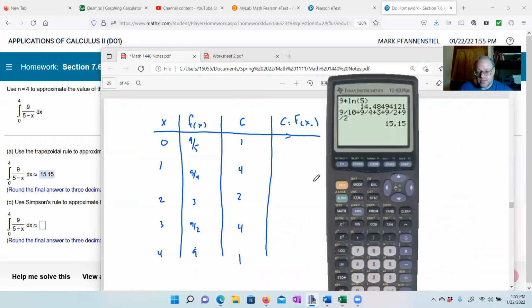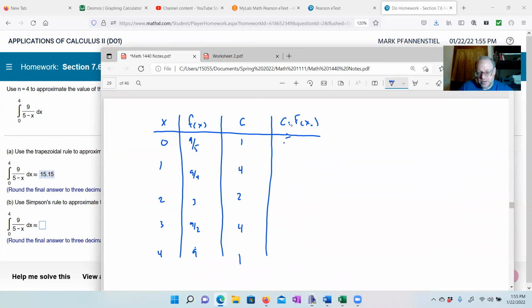We're just going to say, well, this is 9/5 times 1. You don't need a calculator for that. We have 9/5. And then we have 9/4 times 4, so that's just 9. 3 times 2 is 6. 9/2 times 4, so that's 9/2 times 2 times 2, because 4 is 2 times 2. Cancel, that's an 18. And we're just going to add these up.